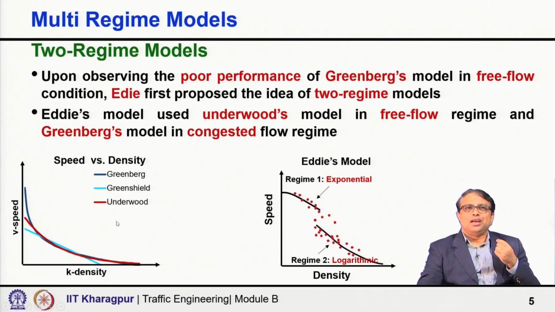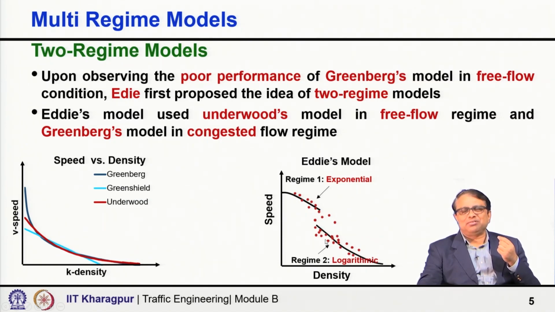So, what was proposed by AD is that two different models should be used. For the poor performance in free flow condition we avoid Greenberg's model, and therefore AD proposed this two regime model to use Greenberg's model for the congested portion.